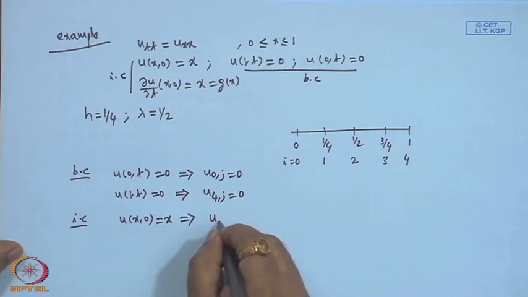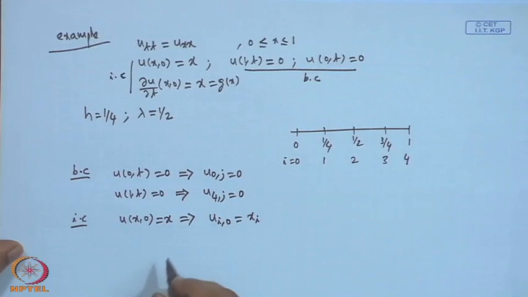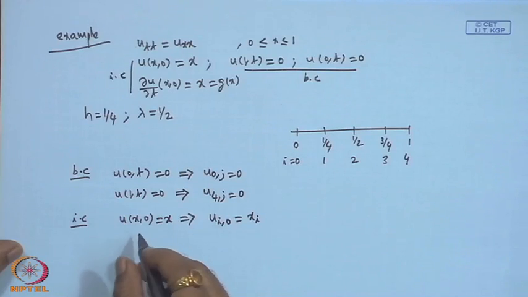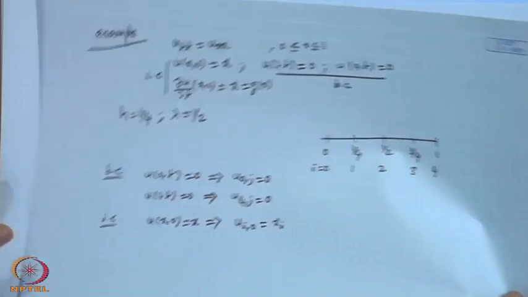So, this implies u I 0 is x I, and the corresponding discretization I would like to show on the next sheet.